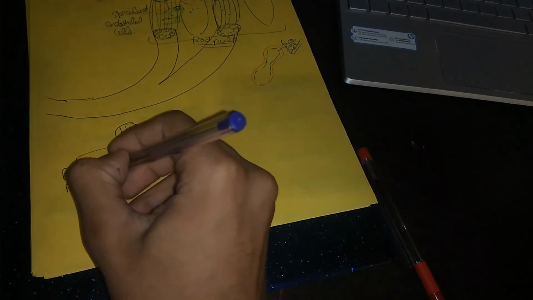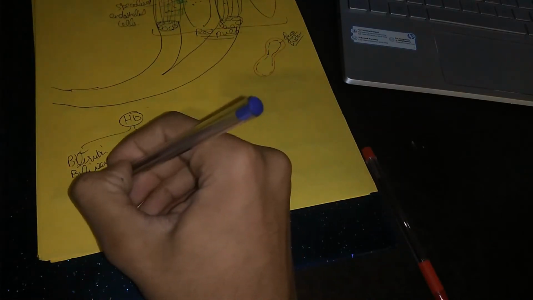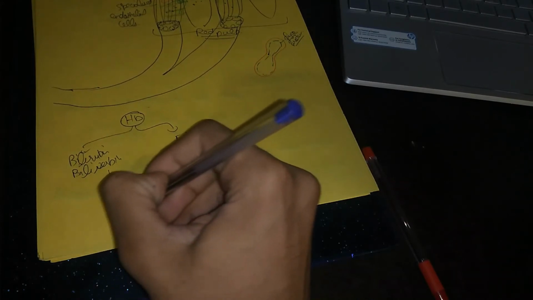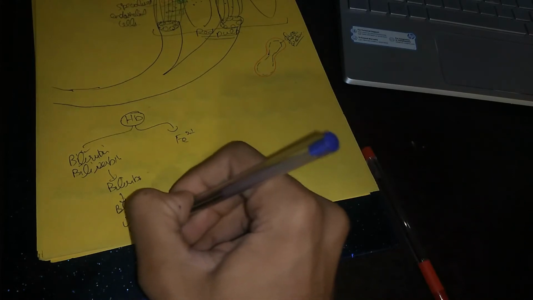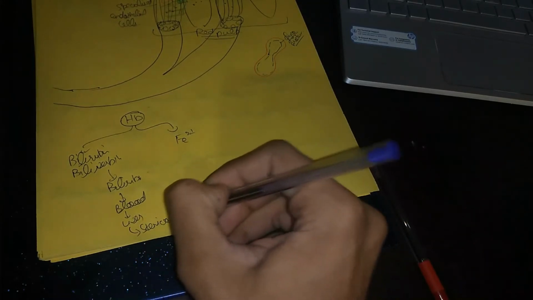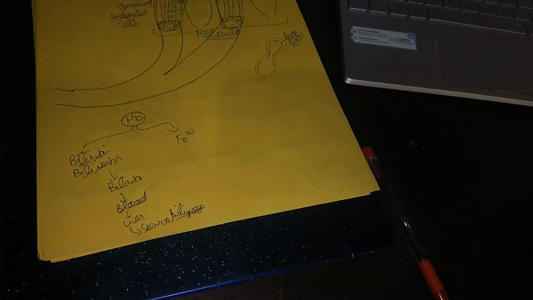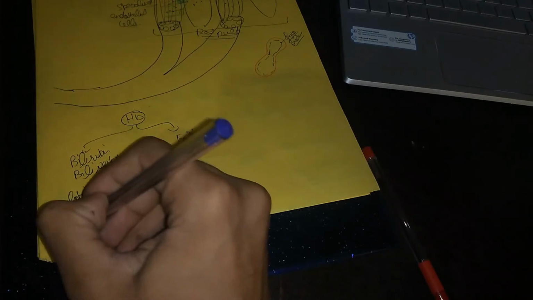They will eventually become stercobilinogen and pass out through feces. Bilirubin will do this: bilirubin, blood, liver, stercobilinogen. Okay. And the globin will form the amino acid because it is a protein.